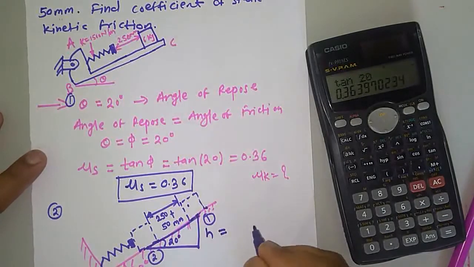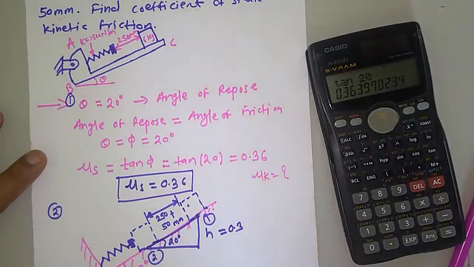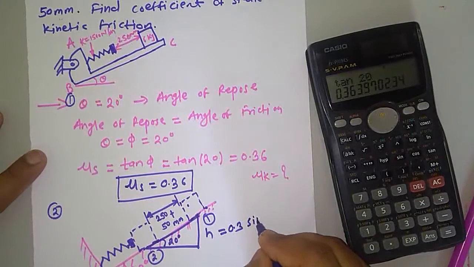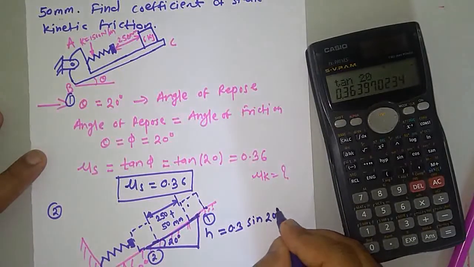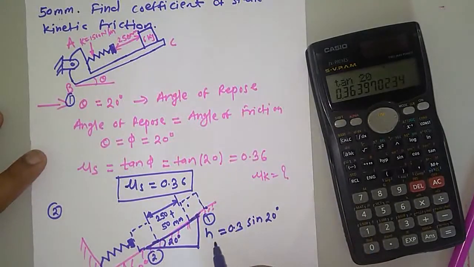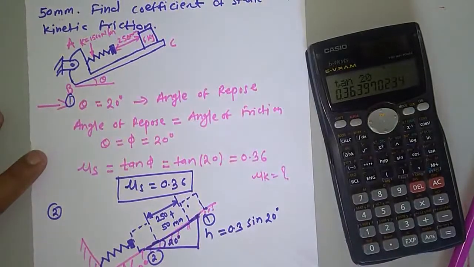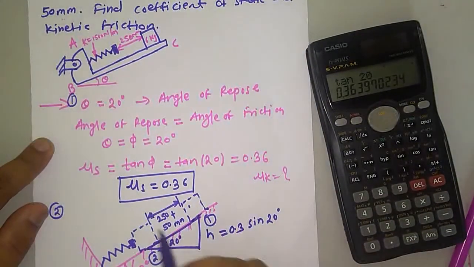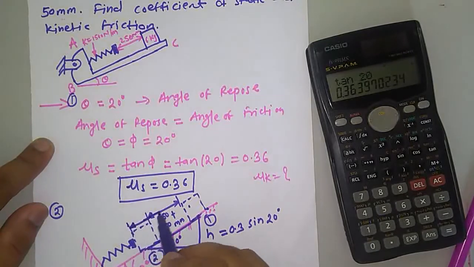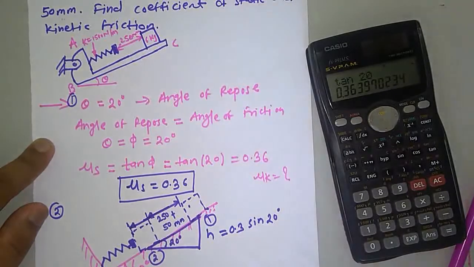So h is equal to the displacement, 300 mm, that is 0.3 meter, into sine of this angle, 20 degrees. This total distance is 300 mm, that is 0.3.